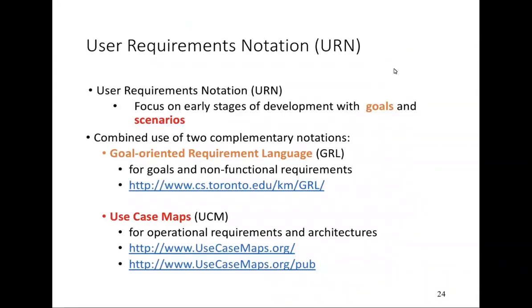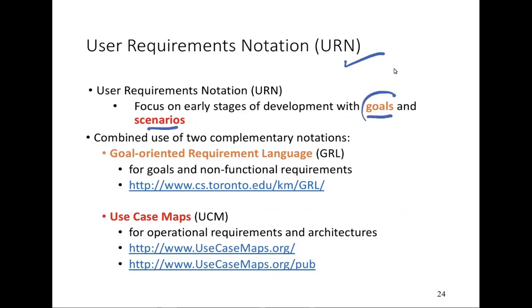To actually start the discussion on the GRL, let me go one step backward, which is related to the user requirement notation, the URN. The user requirement notation is a big family of notations that focus on early stages of development with either goals or scenarios.